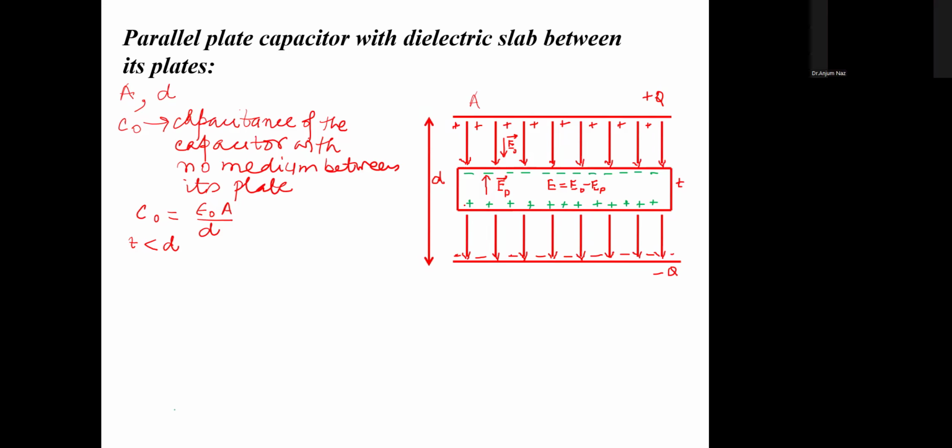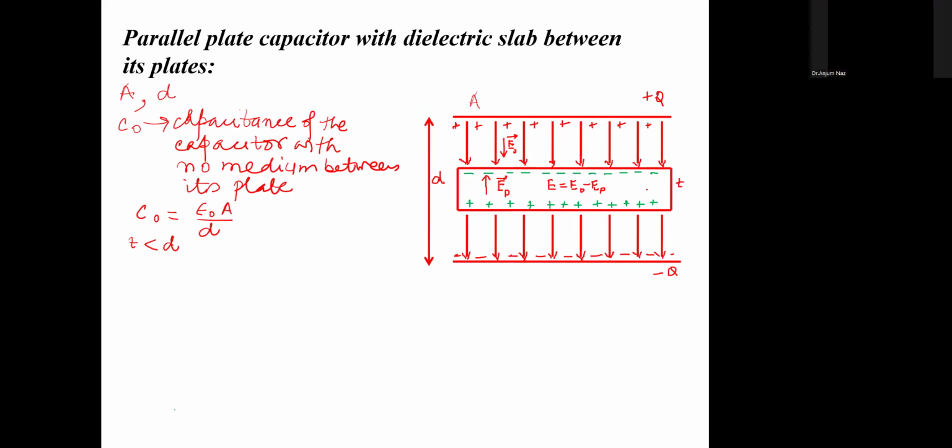As it was discussed in the previous class in detail, what happens when a dielectric material is placed in an electric field. Here this upper plate is having charge plus Q and lower minus Q. So due to these charges, there is an electric field, suppose E0, between the plates of the capacitor whose direction is from this upper plate to the lower plate, here shown by these arrows.